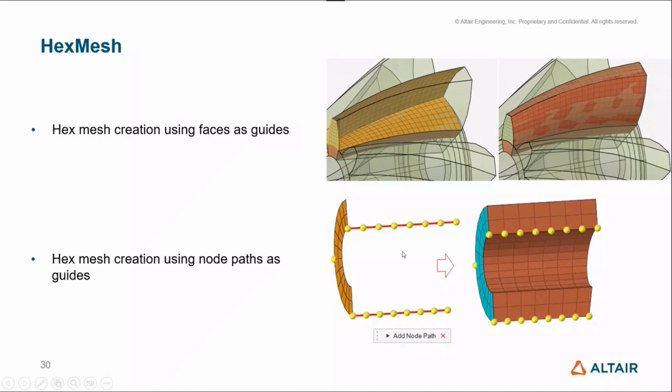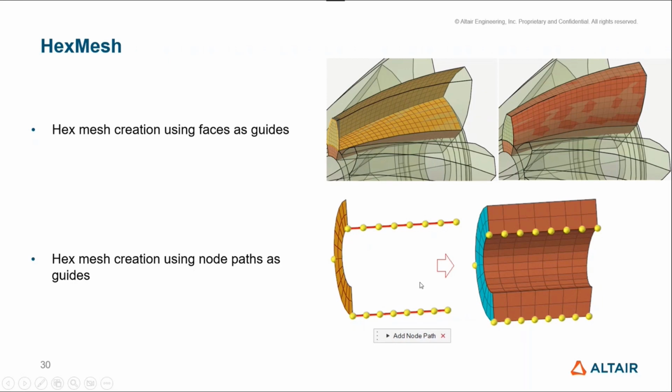And the next one is related to faces. We newly added topological faces, which we support irrespective of whether those are 2D faces or 3D faces. So the user can quickly select a combination of those faces and get the hex created. In addition to the above cases, we also support the node path. We don't have any restriction on the number of node paths.